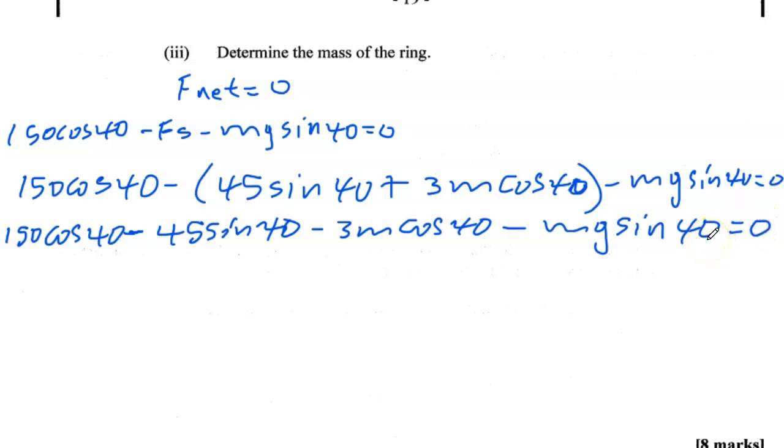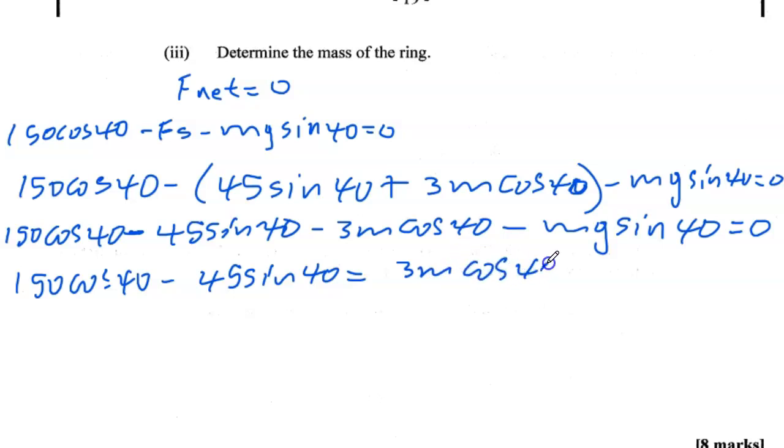So let's group all the m terms on the right hand side. So what we have is 150 cos 40 minus 45 sine 40, and we have two terms with m, 3m cos 40 plus mg sine 40. And now we can factor m on the right hand side.